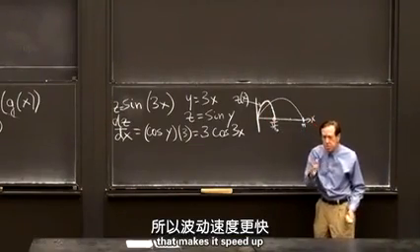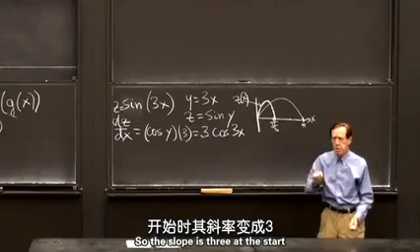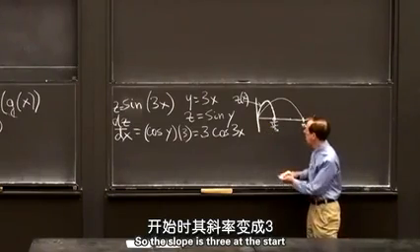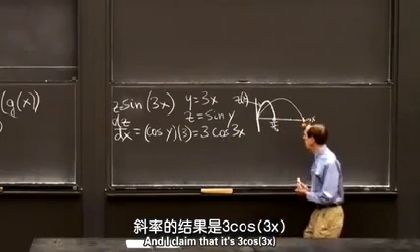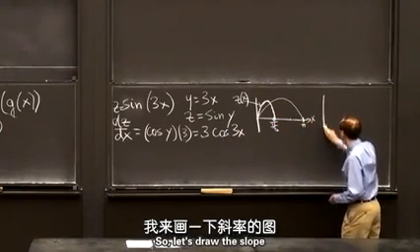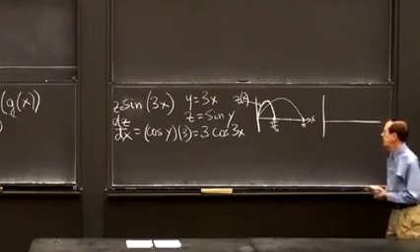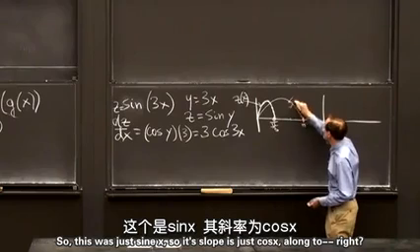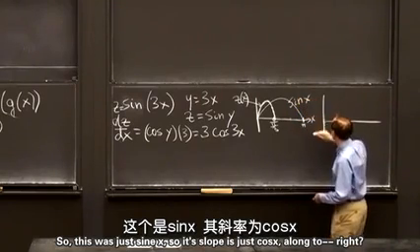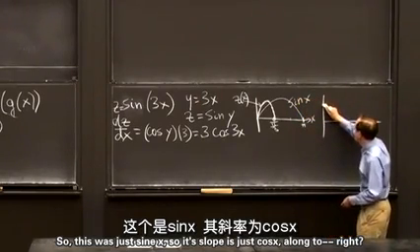That makes it speed up. So the slope is 3 at the start. And I claim that it's 3 cosine of 3x. So let's draw the slope. All right, let me start with the slope of sine. So this was just old sine x. So its slope is just cosine x.